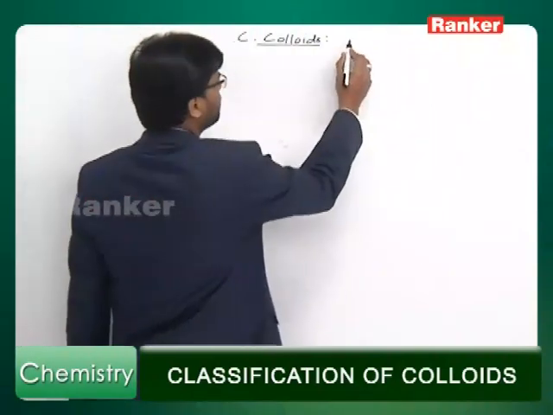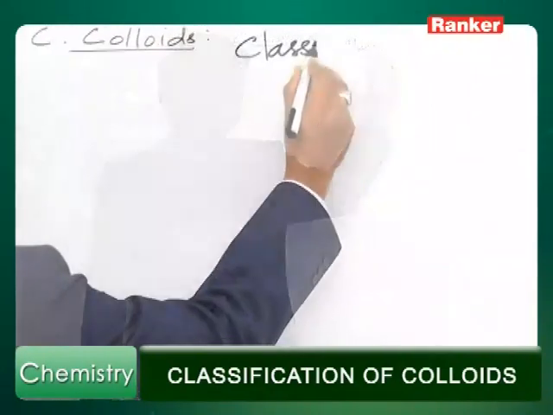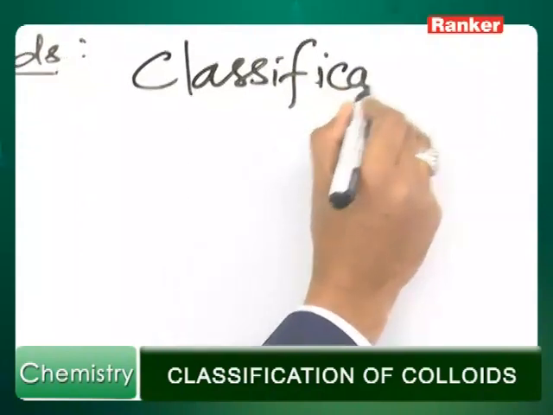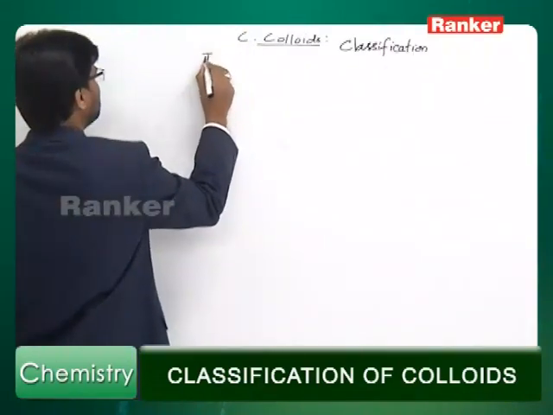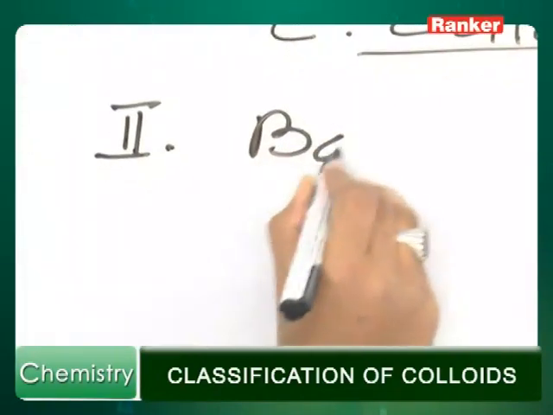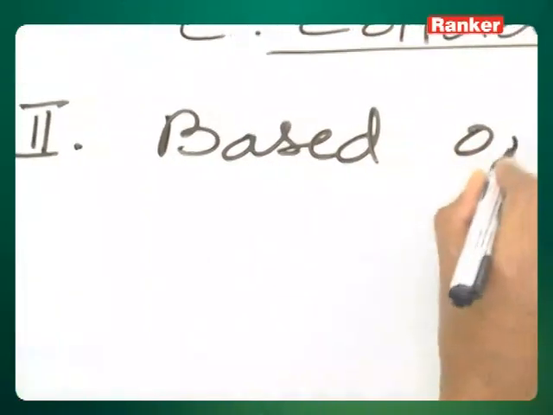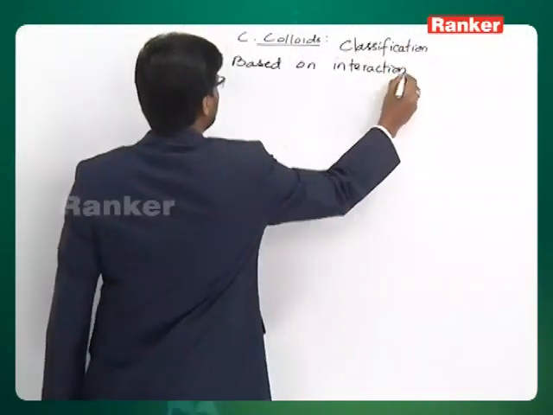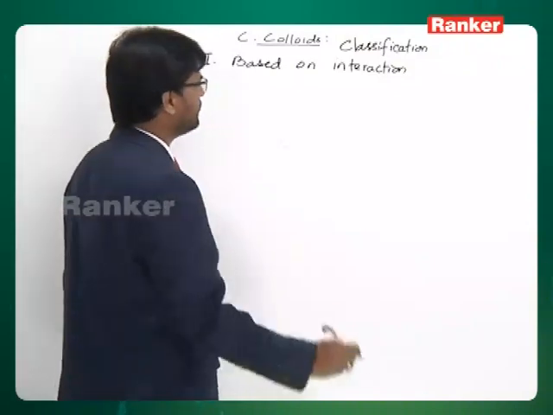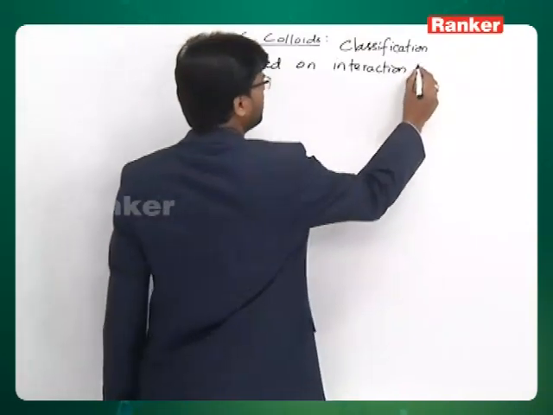Now, we were talking about classification of colloids. Another classification we are going to discuss is based on interaction. This classification is based on interaction between dispersed phase and dispersion medium.